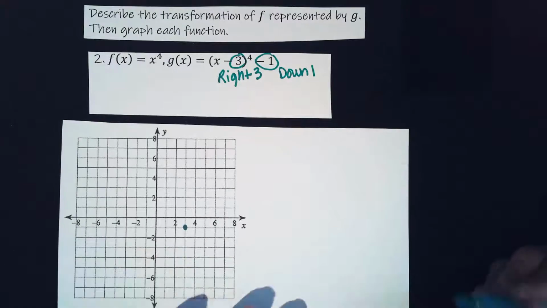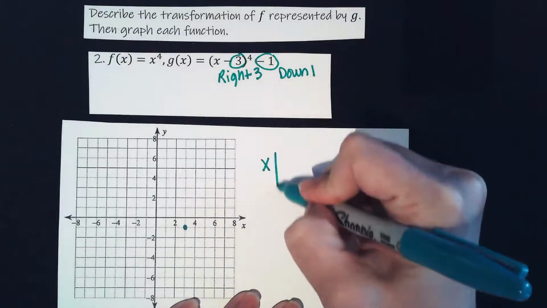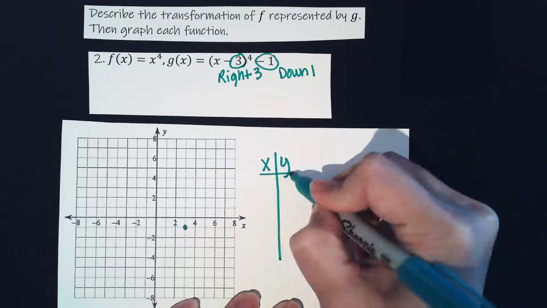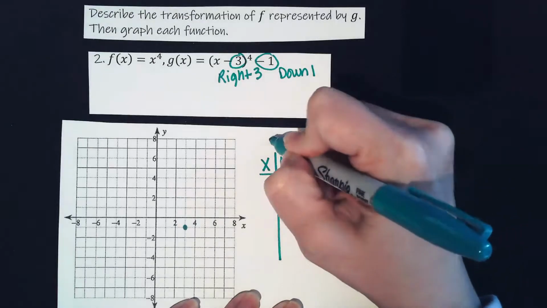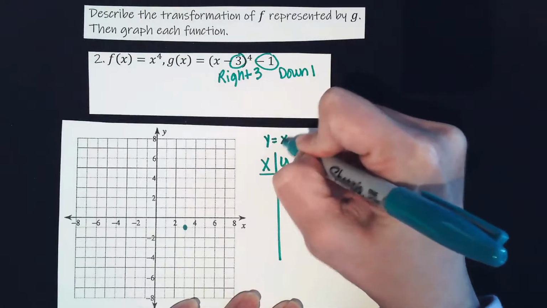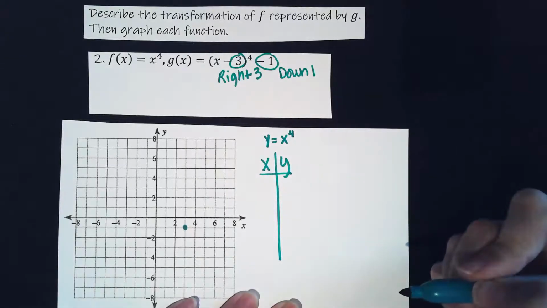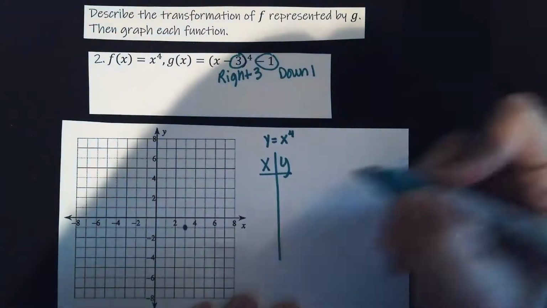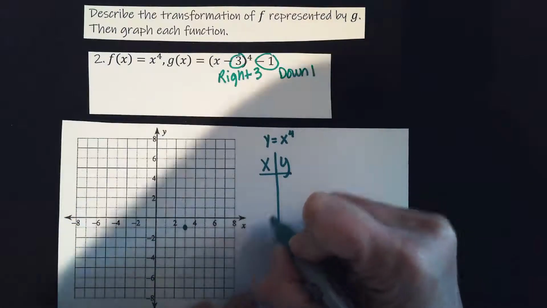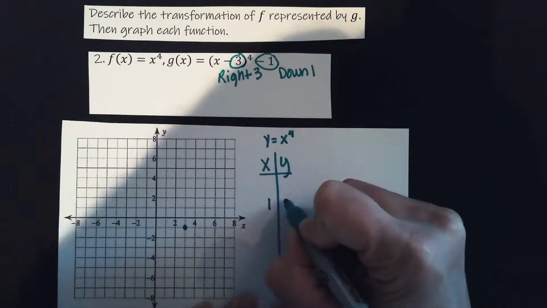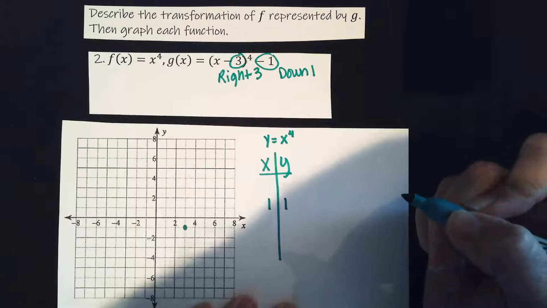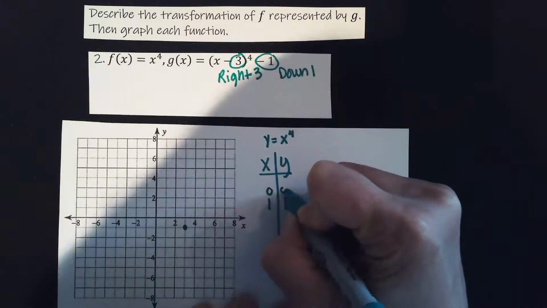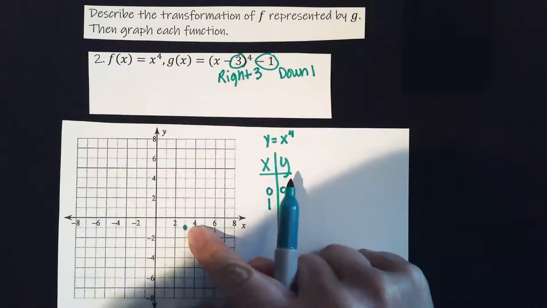Okay? So if I'm going to make a chart based on the parent function, and remember it's y equals x to the 4th, let's start with, I moved down here. So if I start with 1 and I take it to the 4th, I get 1. I don't put in 0 because 0, 0 is really this point right here, okay?